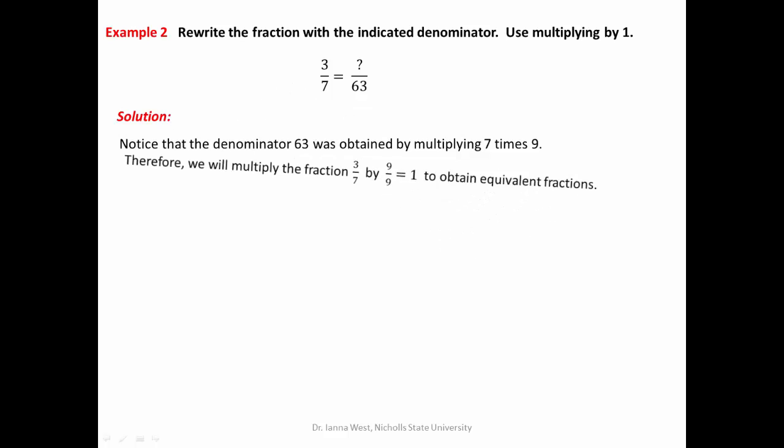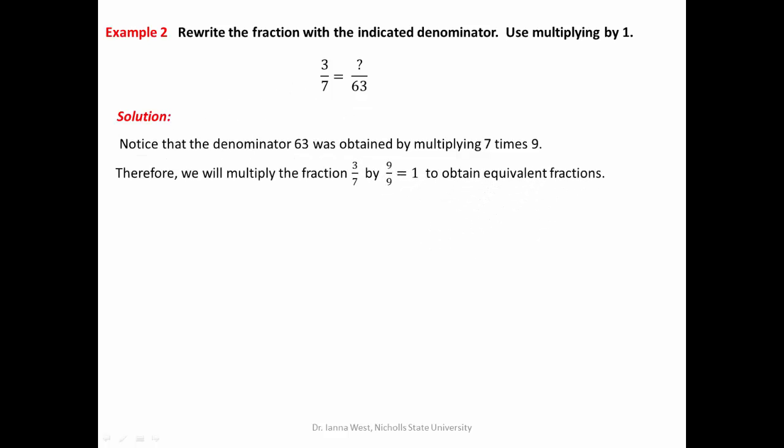Therefore, we will multiply the fraction 3 over 7 by 9 over 9, which is the same thing as 1, to obtain equivalent fractions. Multiplying 3 over 7 times 1 is the same as multiplying 3 over 7 times 9 over 9, giving us 3 times 9 over 7 times 9, which equals 27 over 63. Therefore, the numerator that we were seeking is 27.